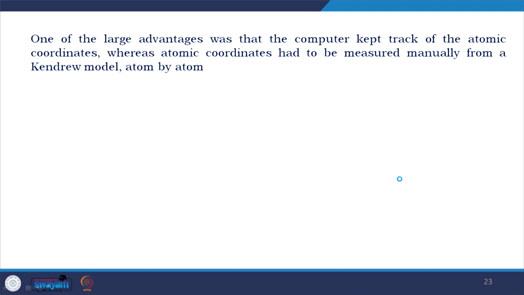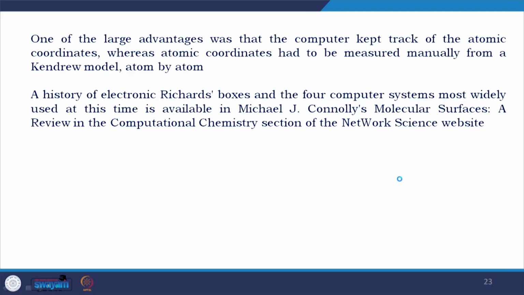You have to physically measure and then construct a physical model, but if the computer knows the conversion from the atomic information to the model, it could do that by itself. So, that is the major advantage.